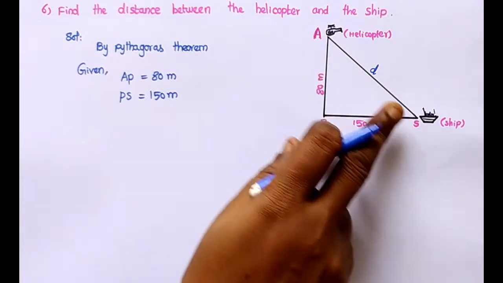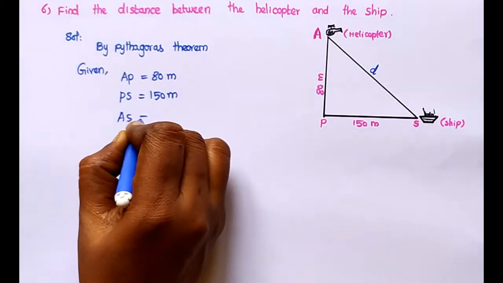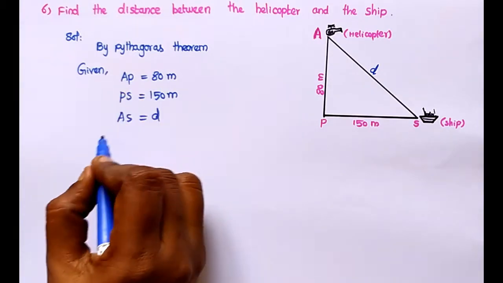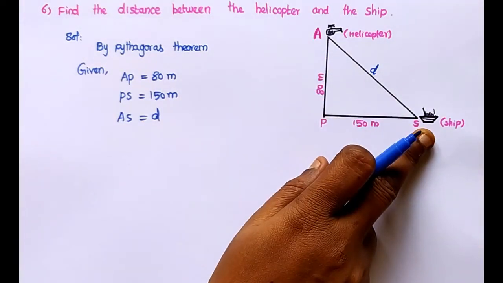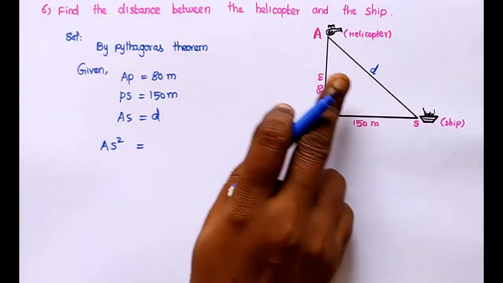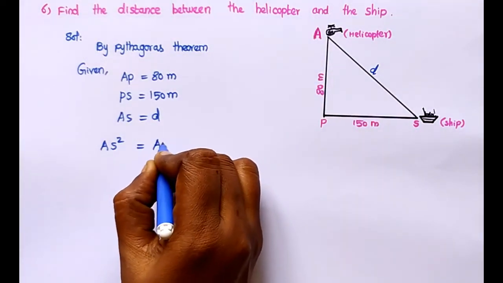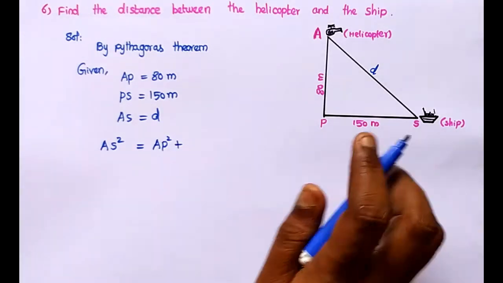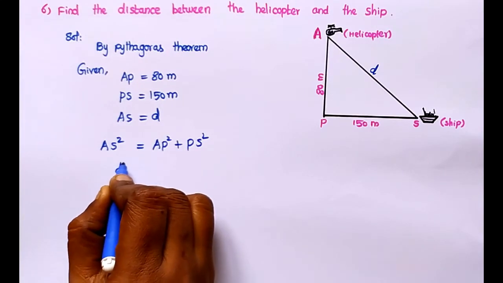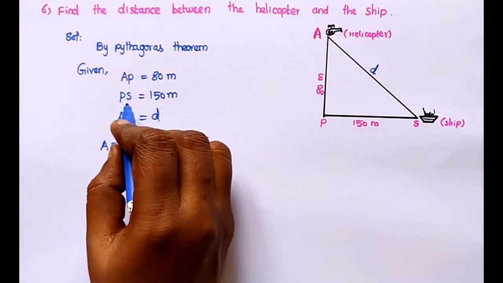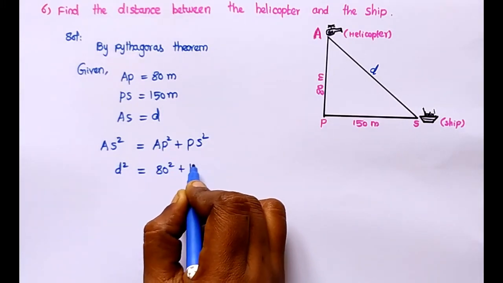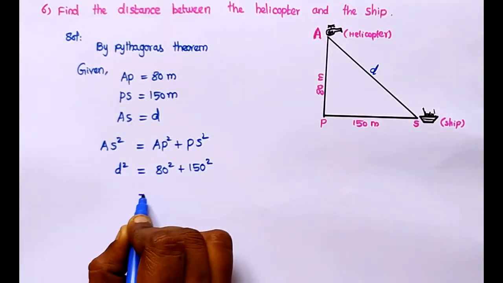Now we have to find out AS, that is they given D. By Pythagoras theorem, what is the hypotenuse squared? That is AS squared equal to opposite square AP squared plus adjacent square, that is PS squared. AS squared is D, so D squared equal to AP squared, AP squared means 80 squared plus 150 squared.